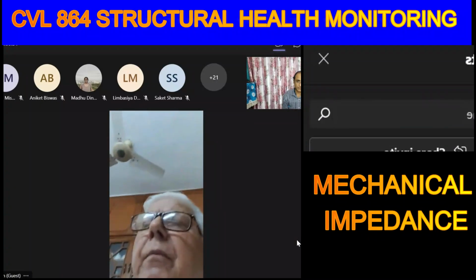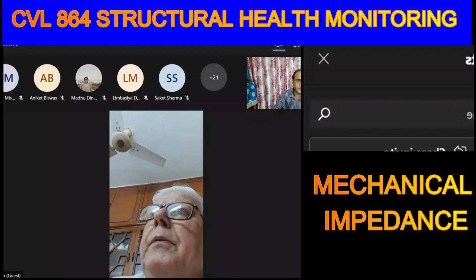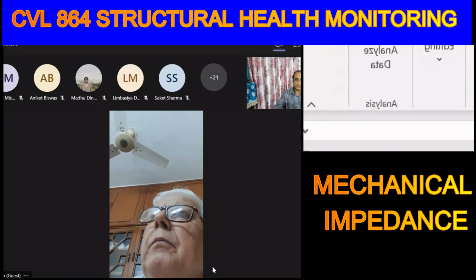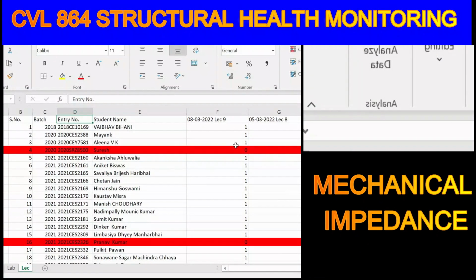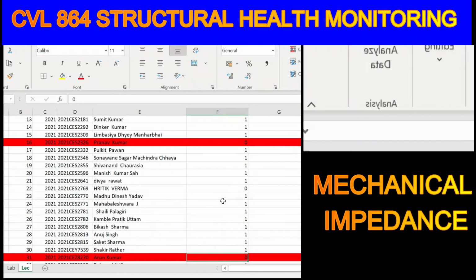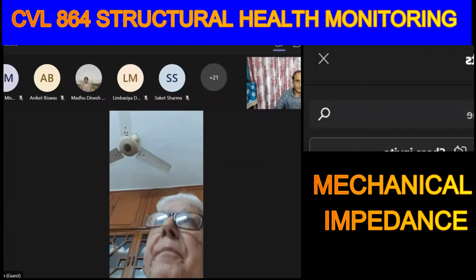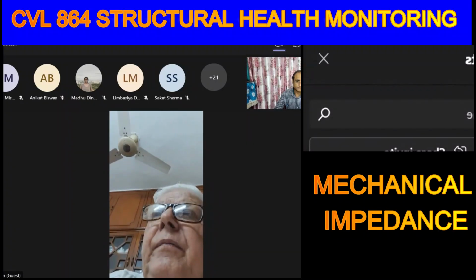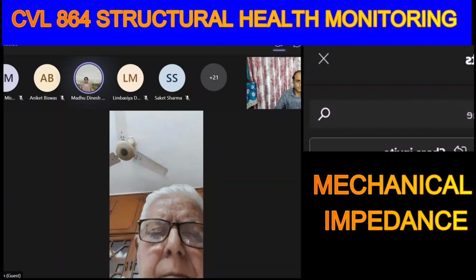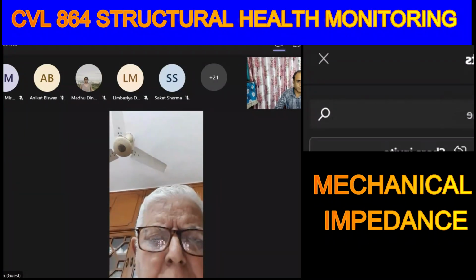Regarding the attendance, I see most of you are here. I see 28. If I am not wrong, Archit Kadiyar and Ritik Verma have left the course, because both of them were absent in the minor exam also.